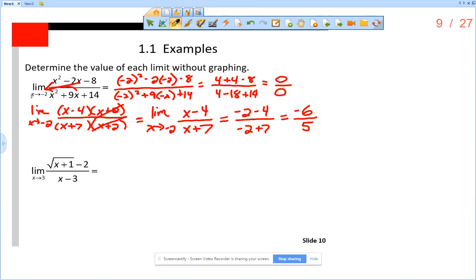So the limit as x approaches -2 of (x squared minus 2x minus 8) over (x squared plus 9x plus 14) is -6/5.